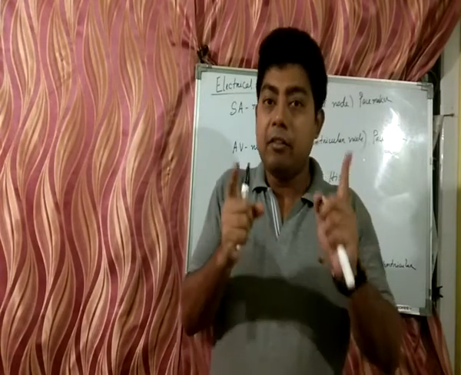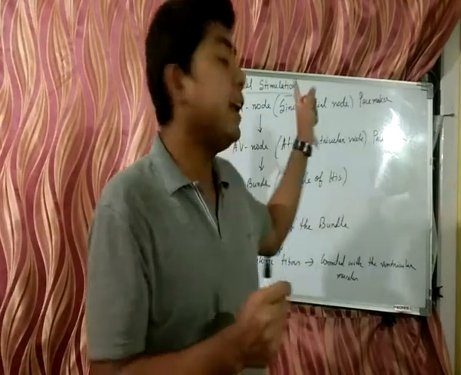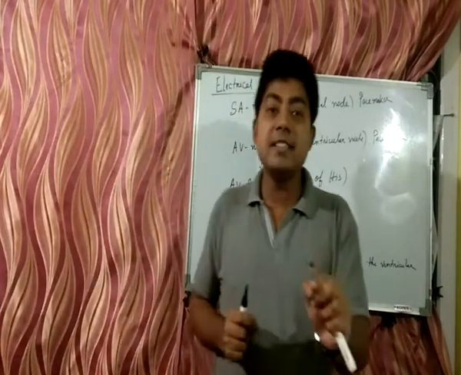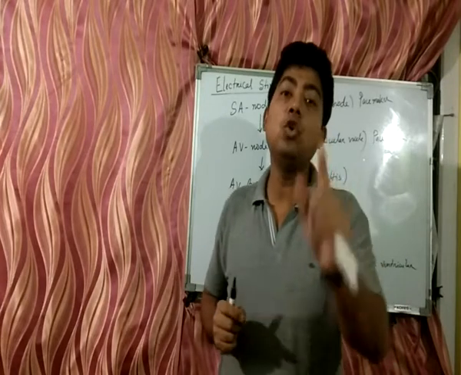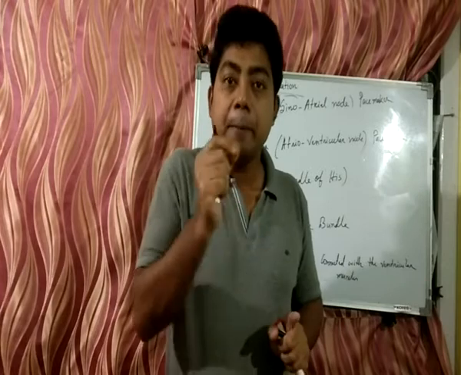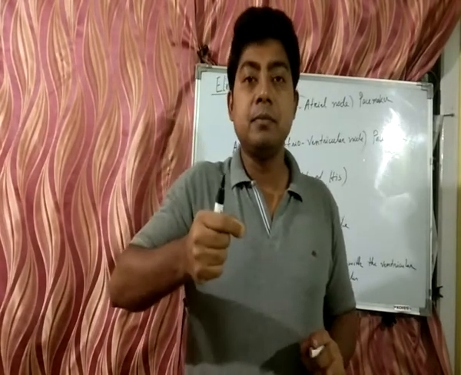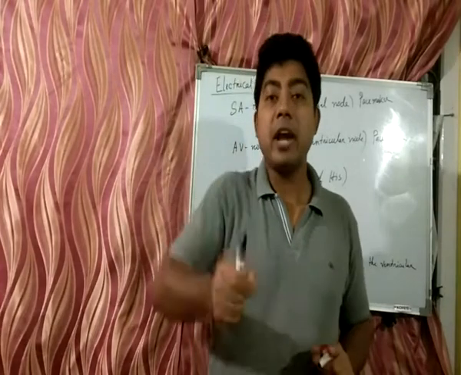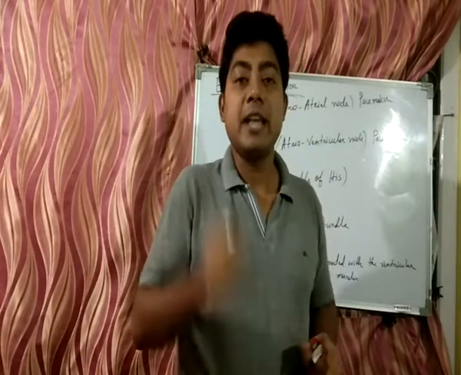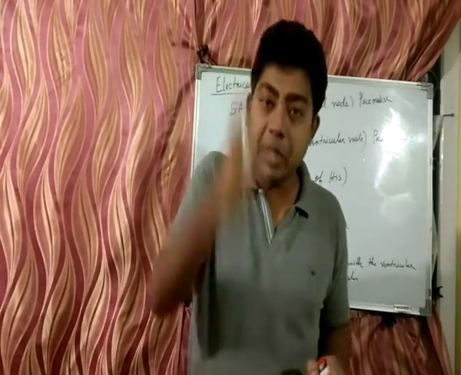First it is created by the SA node, the sinoatrial node, which is called the pacemaker of the heart. It creates the first stimulation, the action potential in the atria, which helps them to contract, producing systole, or become depolarized.